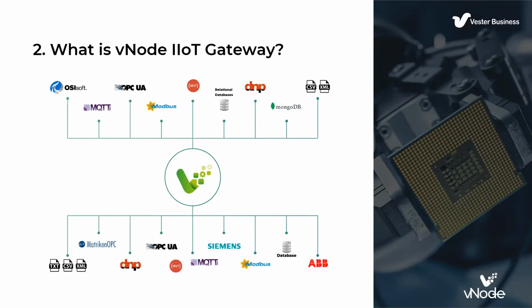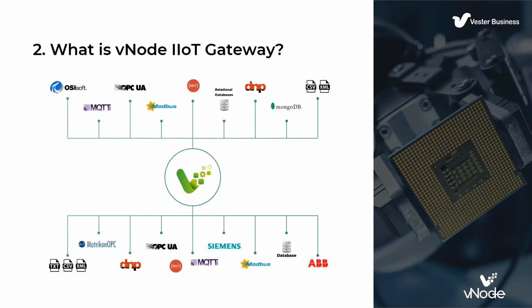For example, we can read by OPC from Matrikon OPC servers. We can also read from OPC UA servers, using the OPC UA protocol as well. We also support connections to ABB PLCs and Modbus devices. Also, we can read with vNode from MQTT brokers, among others.